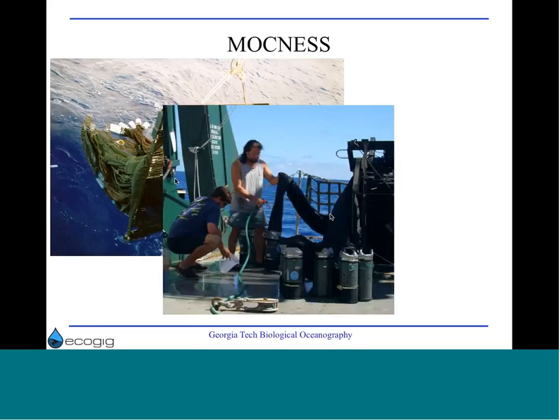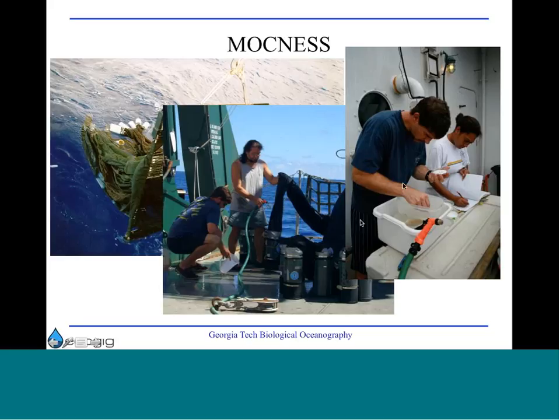This allows us to sample multiple depth horizons in the water column, and then ultimately, usually students will painstakingly sieve and subsample a net tow in order to provide us with samples of animals of different size classes.